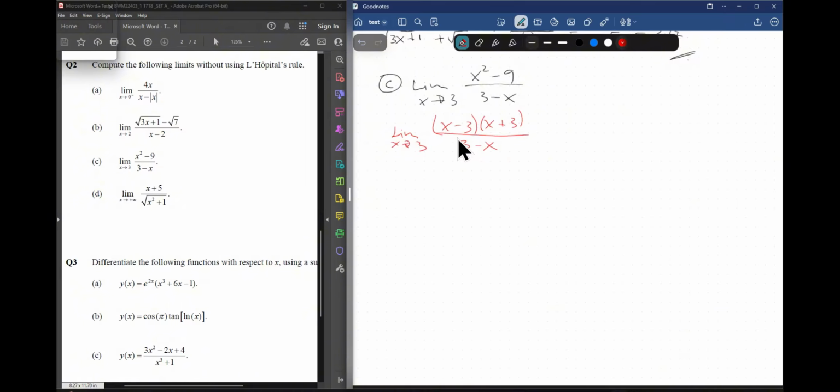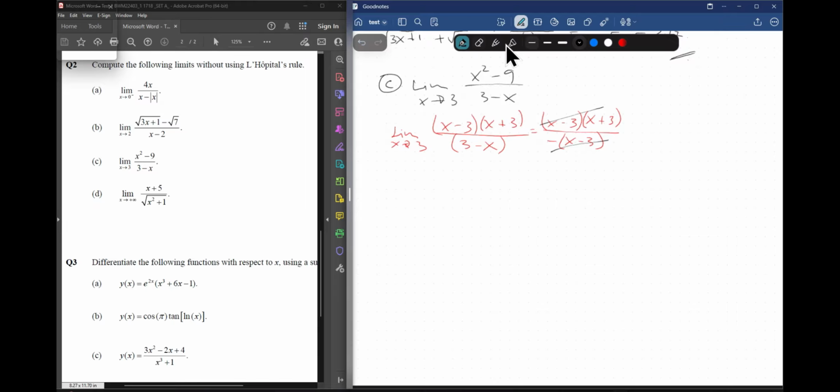So we have a similar element here, 3 minus x with the x minus 3, which we can manipulate if you want, to become negative x minus 3, which is still valid, still 3 minus x overall, same thing, except that this time we can cancel one of the elements.